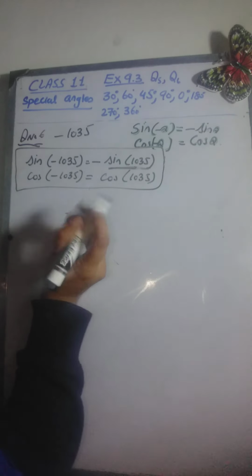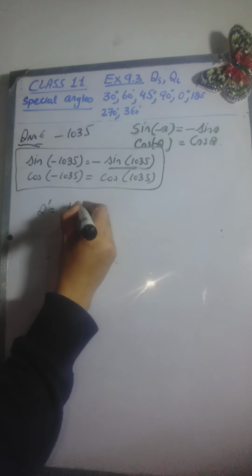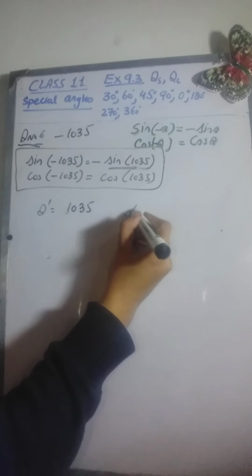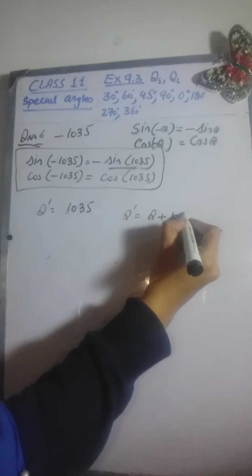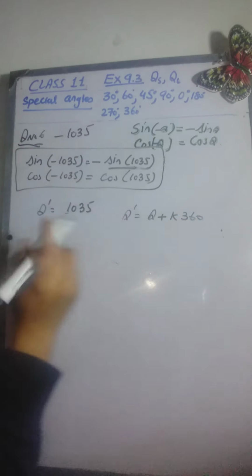The first step will be the same as we did before. We will take theta dash to be equal to 1035. And again, to find k, we have to write it as theta plus k times 360 degrees. We will attempt to find k.